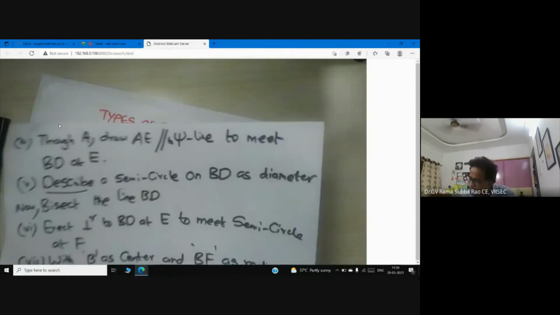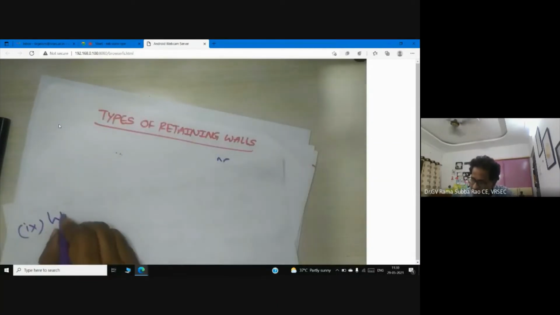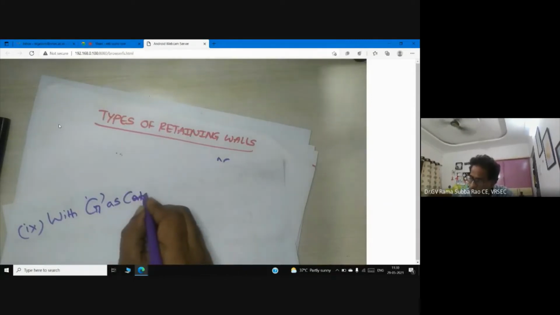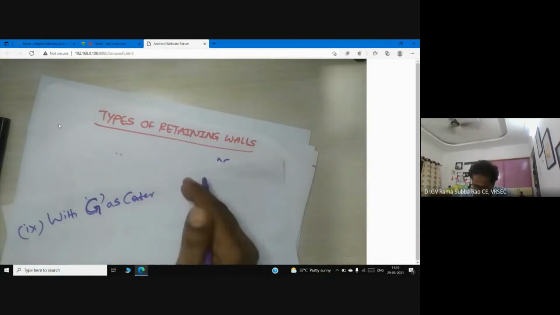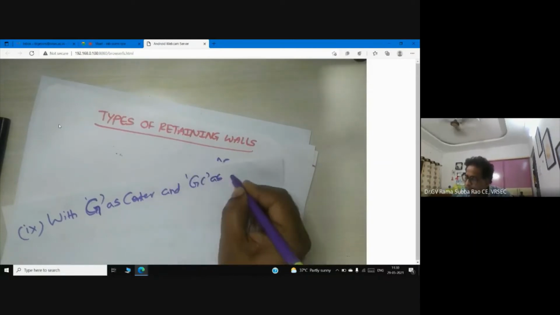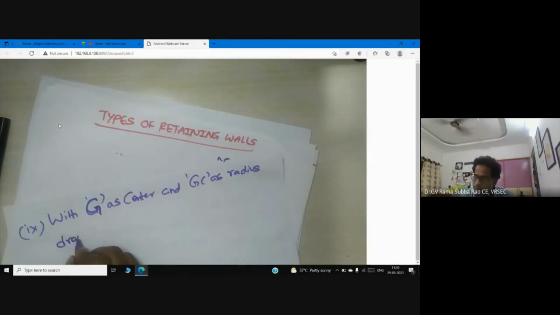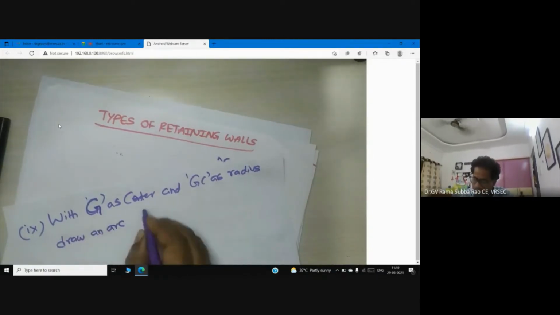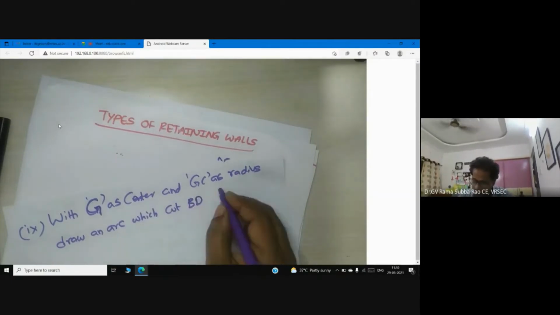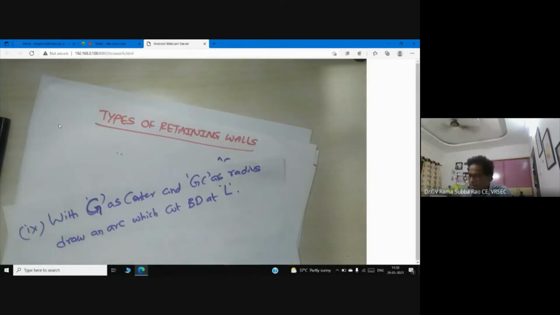This 8 is completed. Through Z, draw a line parallel to psi line. Now with G as center and GC as radius, draw an arc which cuts BD at L. This is exactly what we have discussed.